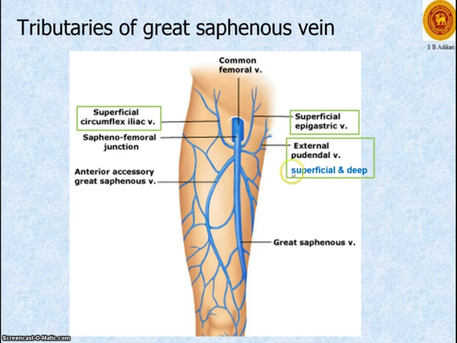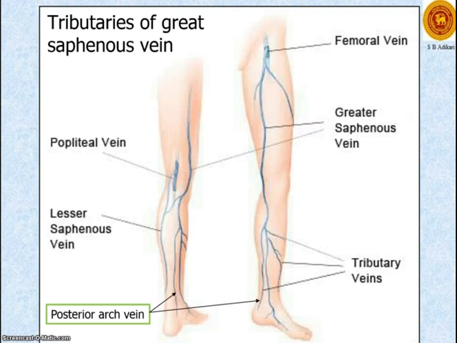They are the superficial and deep external pudendal veins. Another important tributary of the great saphenous vein is the posterior arch vein, which is related to the medial malleolus, as I said before, posteriorly.